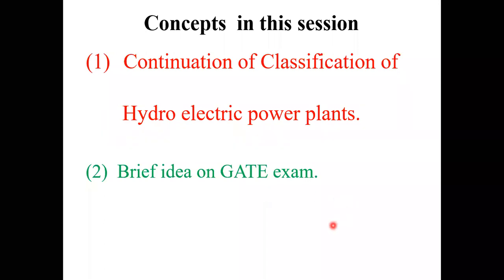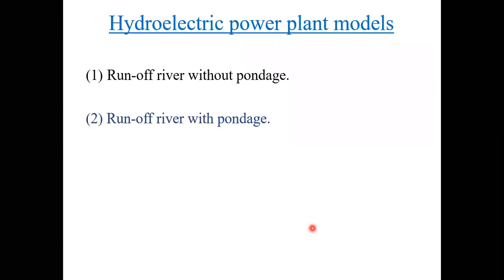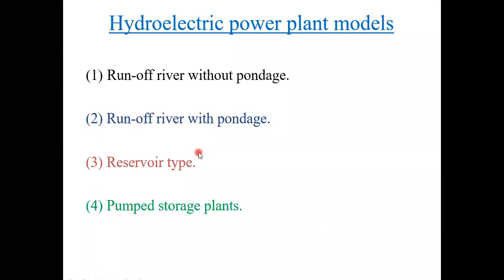First we will take the continuation of the last class, that is classification of hydropower plants. Basically, we can classify them into 4 types. The first one is run-of-river without ponds, the second one is run-of-river with ponds, the third one is reservoir type, and the fourth one is pumped storage plant.